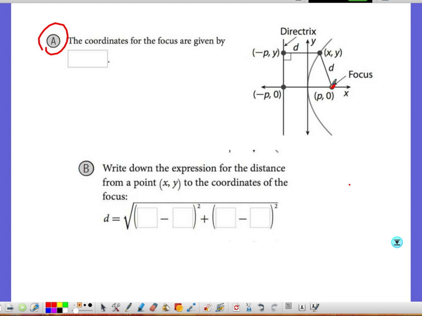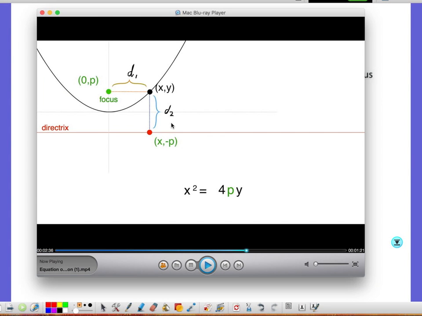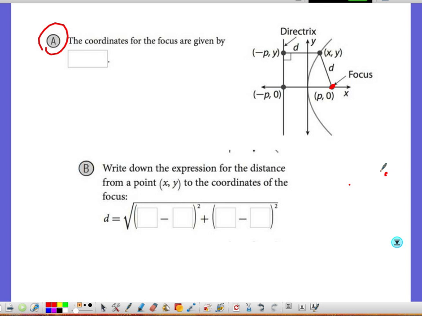Here's the focus right here. Now notice that the focus is always inside the parabola. So if we go back to our video, here's the focus. It's inside the parabola. And the directrix is always outside the parabola. Alright, so the coordinate for the focus here is (p, 0).